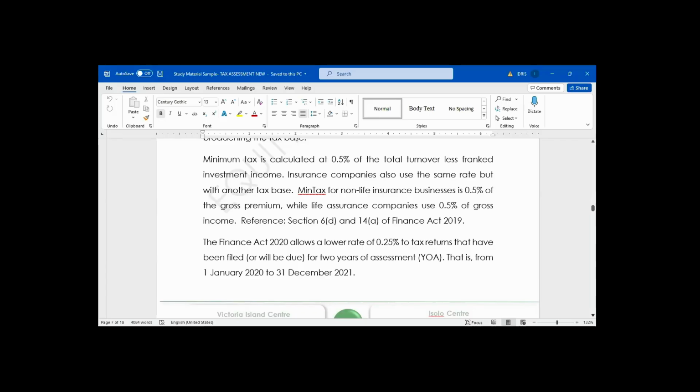If the year end is 2021, what rate? 0.25. If the year end is 2023, what rate? 0.5. Year end 2025? 0.5. Do you understand?